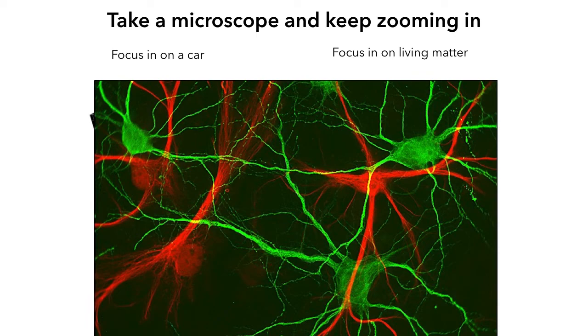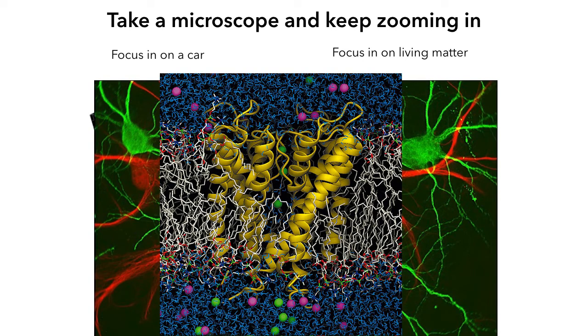You start to see individual neurons, and you start to see how those neurons are connected. And you can keep focusing in until you see molecules and ions and folded proteins and lipid bilayers and so forth.